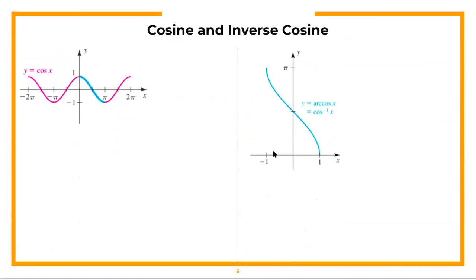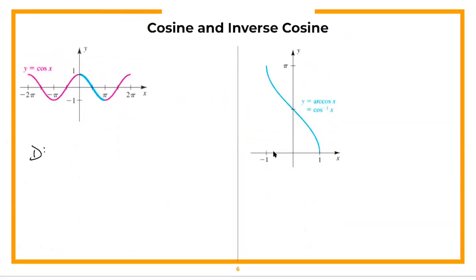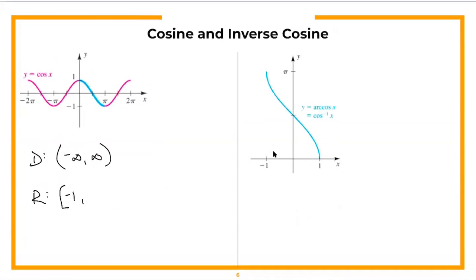All right, let's talk about the same thing for cosine and inverse cosine. So for cosine, I've got this graph. The domain is from negative infinity to infinity because it goes in both directions forever. The range is the same as the range for sine. It's from negative 1 all the way to 1. Okay, so a restricted range.